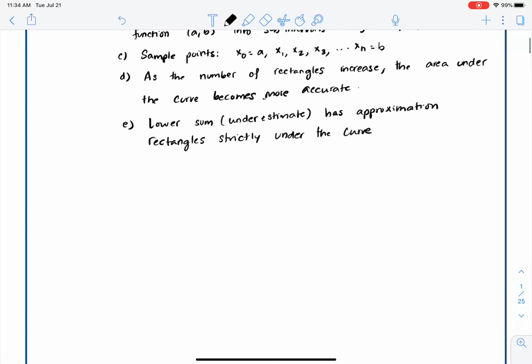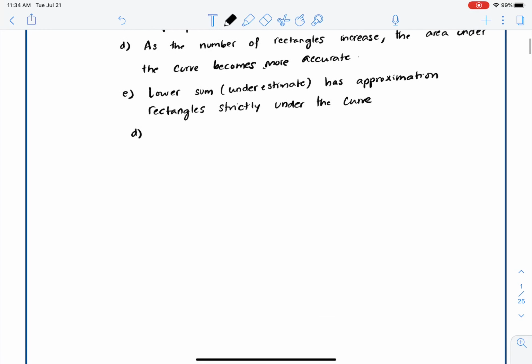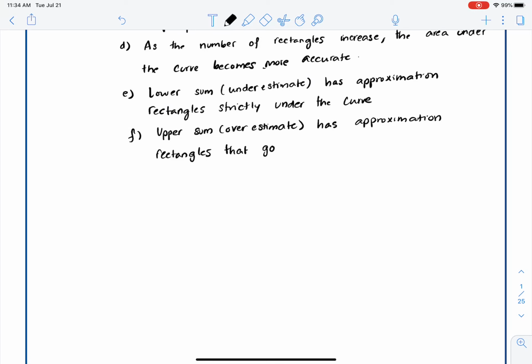Everything would be under. And the upper sum is typically the overestimate, has approximation rectangles that go over the curve.